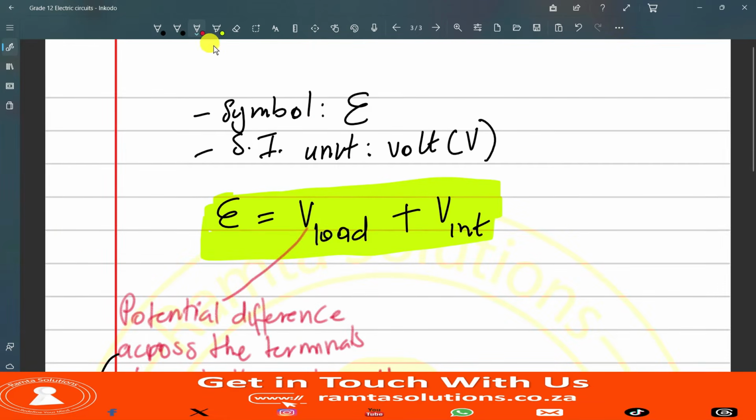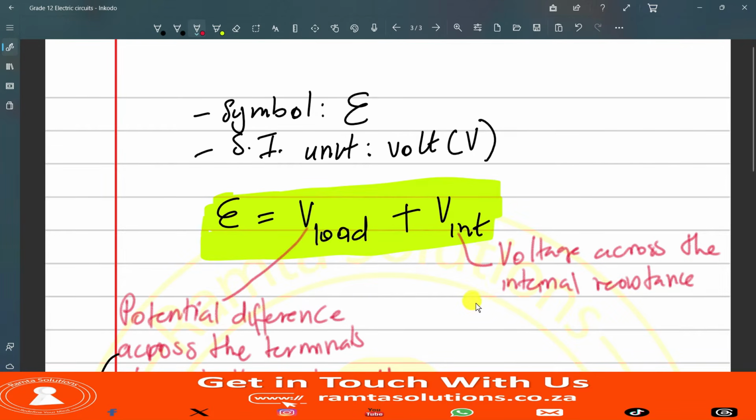Now let's talk about this internal voltage. This one here is the voltage across the internal resistance. All right.